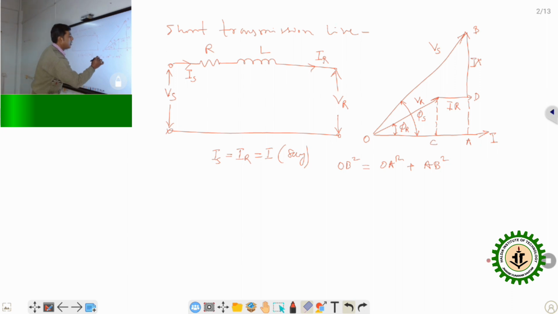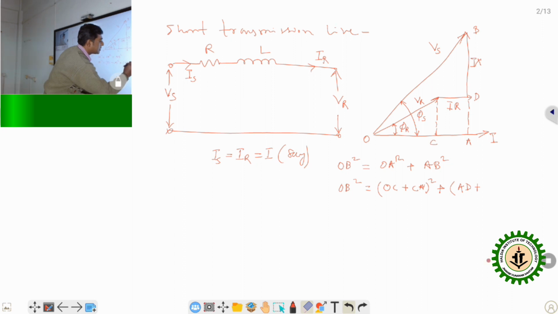Now OB means, I am writing here, OB square. OA means OC plus CA square, plus AB means AD plus DB square.